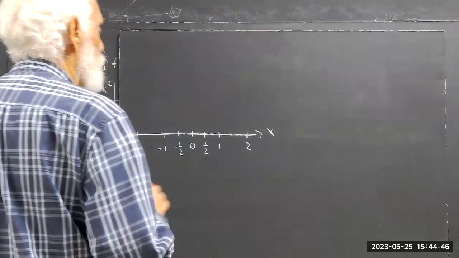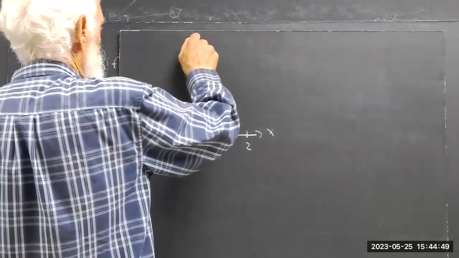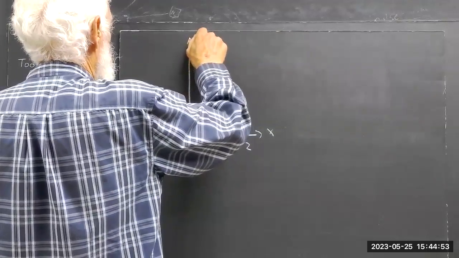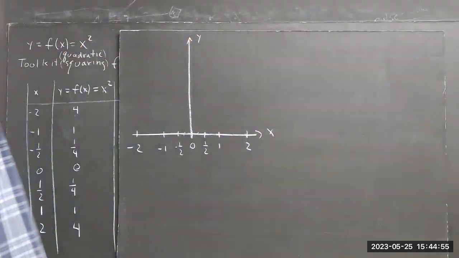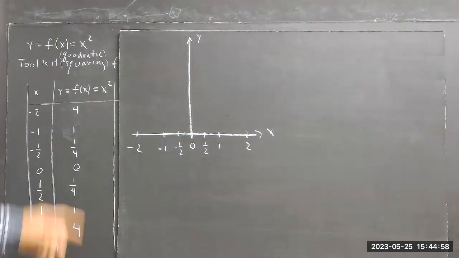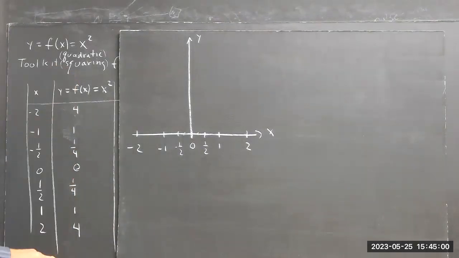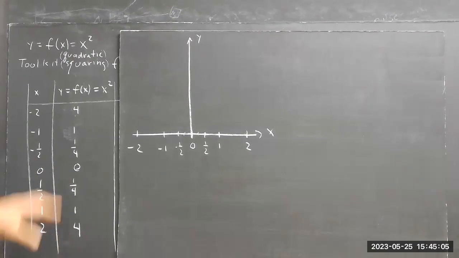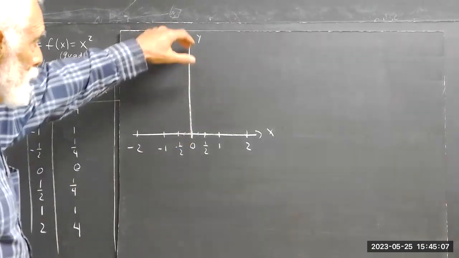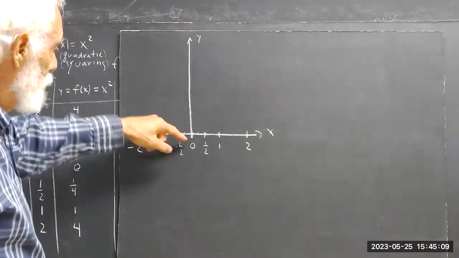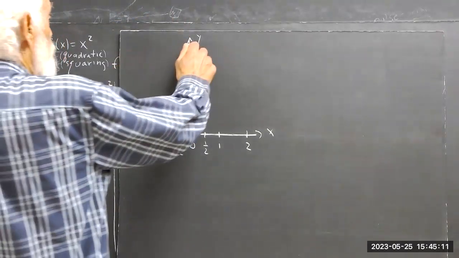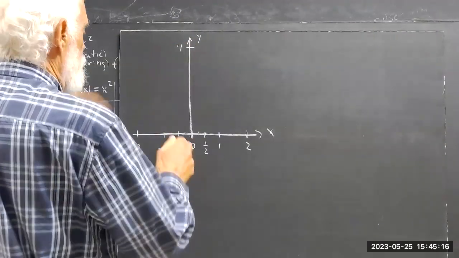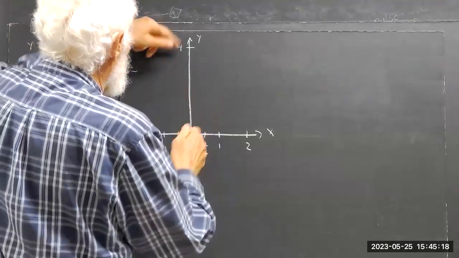Now, the y-axis, well, that's the line where x equals 0. Now we notice that the numbers that we're going to have to plot for our y's go from 0 to 4. Okay. So we're going to have an interval that goes from 0 to 4. So we're going to put 4 up there. And then we're going to divide that interval in half.